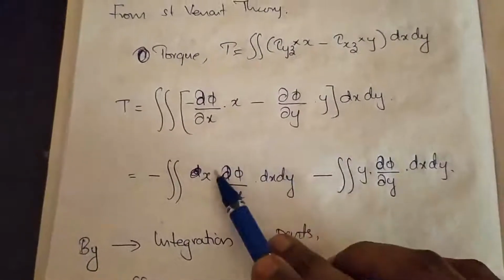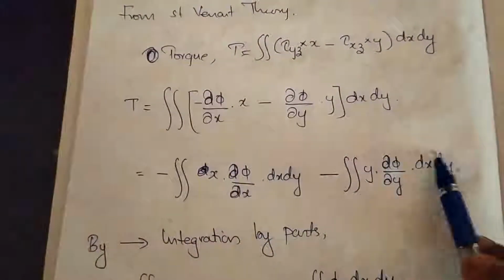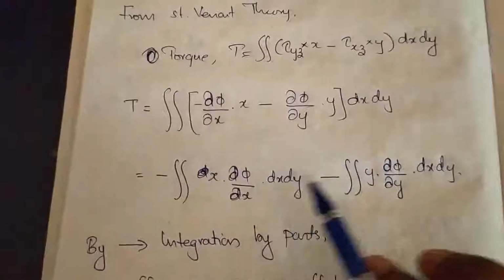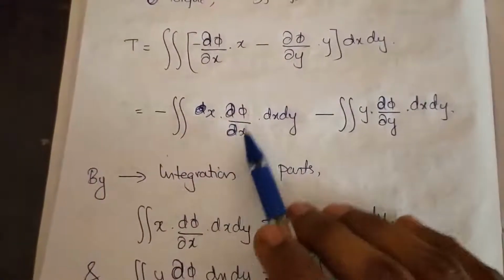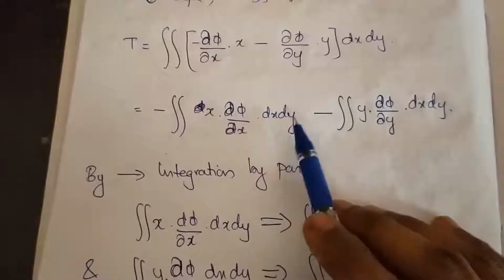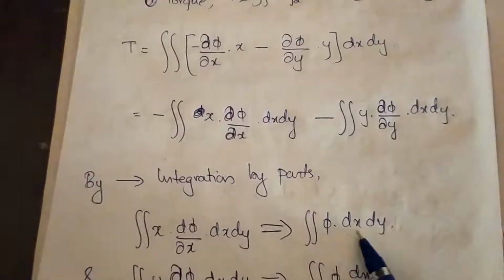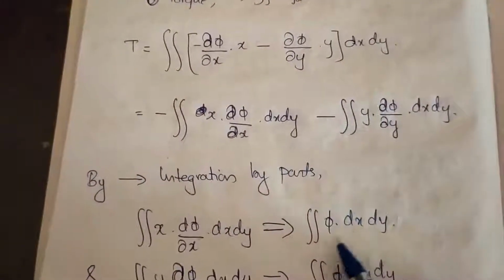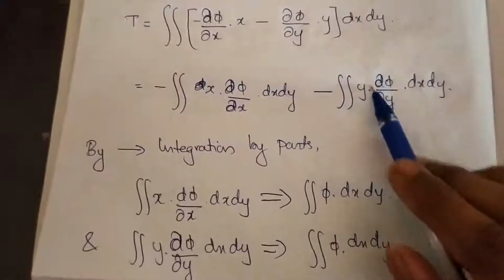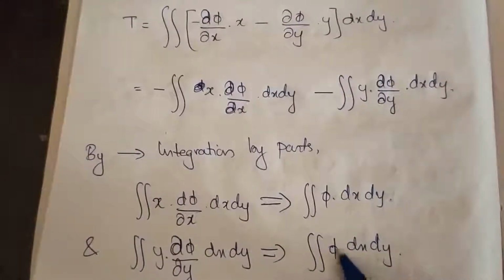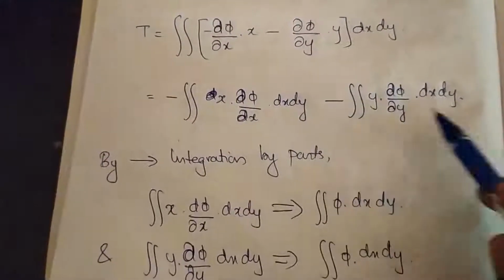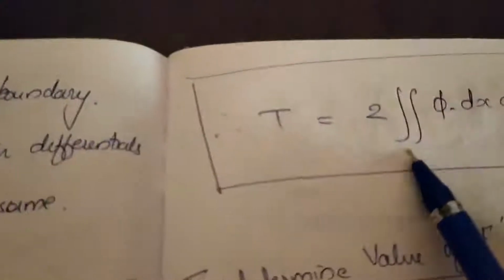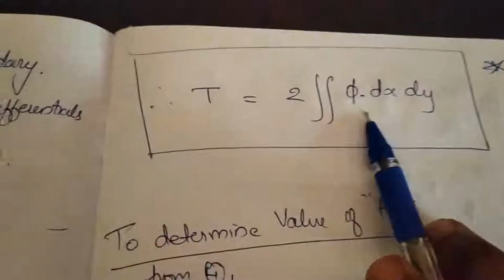If you integrate this term by parts, double integral x d phi by dx dy will become double integral phi dx dy, and the other term will also give double integral of phi dx dy. Substitute these, you will get T is equal to 2 into double integral of phi dx dy.